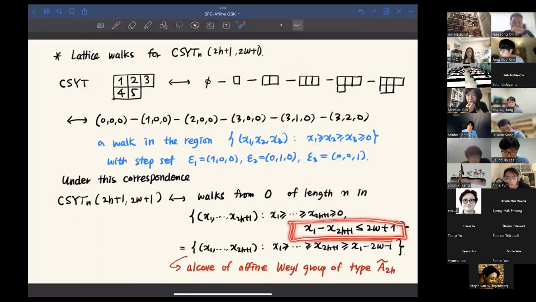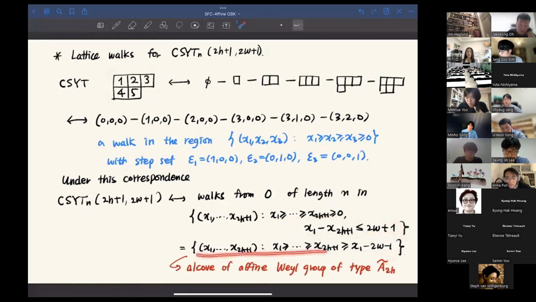This came from the condition that this tableau is cylindric. And if we write this in one row like this, this turns out to be the alcove of an affine Weyl group of type A N. So this is basically counting walks in an alcove.